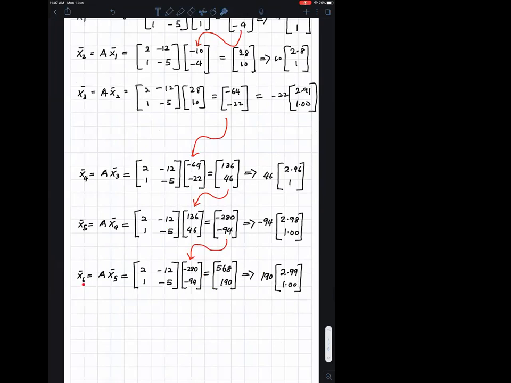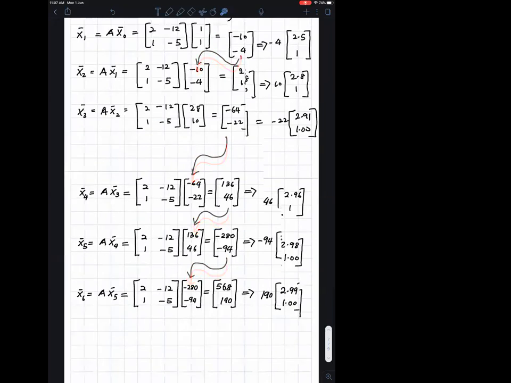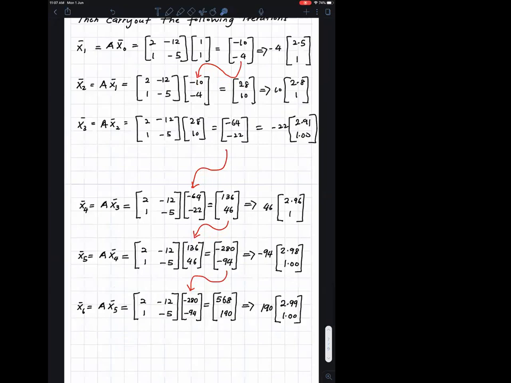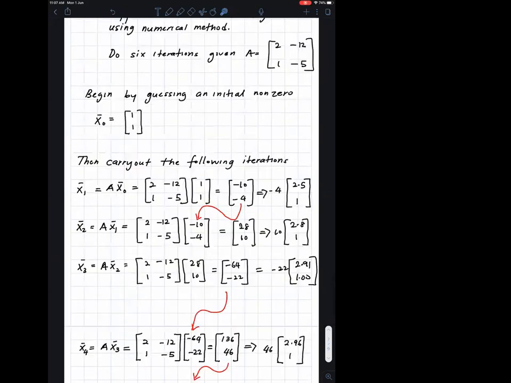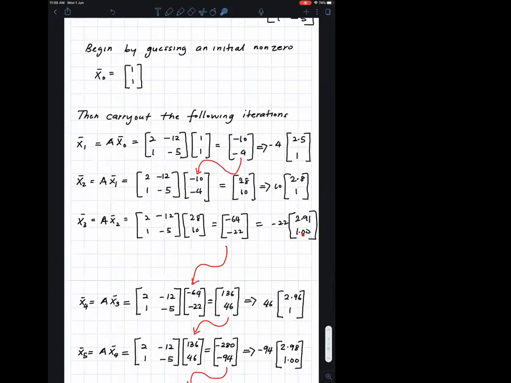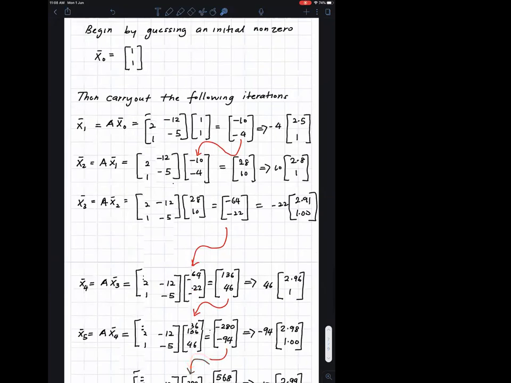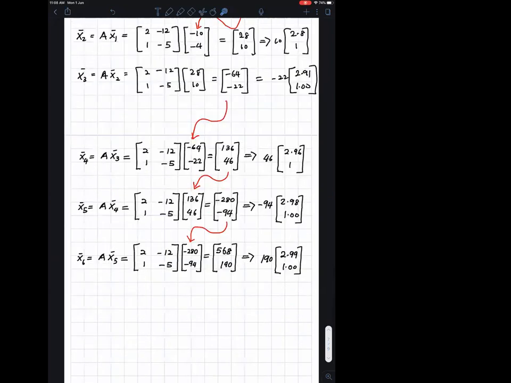As you can see, we started with the initial guess, and then it became 2.5 and 1, and then 2.9, 2.91, 2.96, and then 2.981, and you see the answer is converging to 3, 1. You can move on and do many more iterations to get an accurate value.